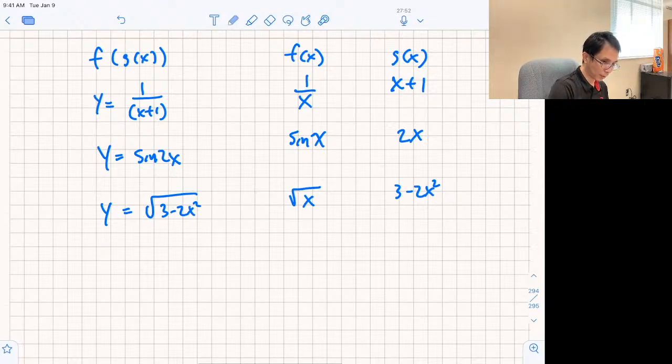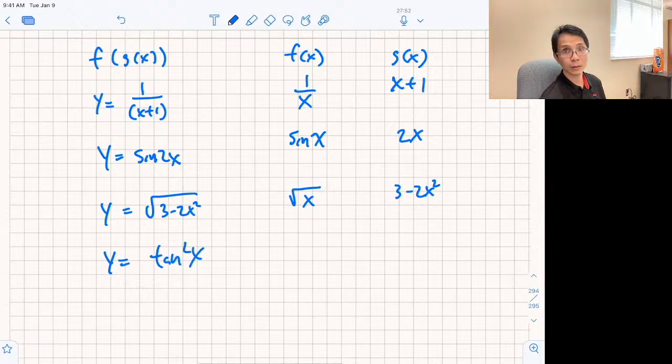Next one, how about y equals tangent squared of x? What did you say? f of x is equal to x squared, and g of x is equal to tangent x.